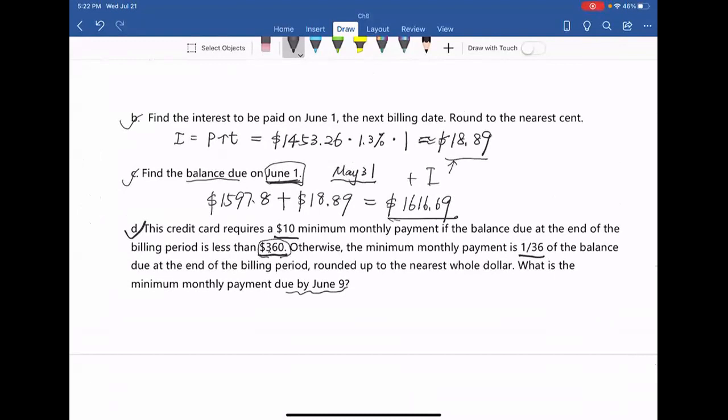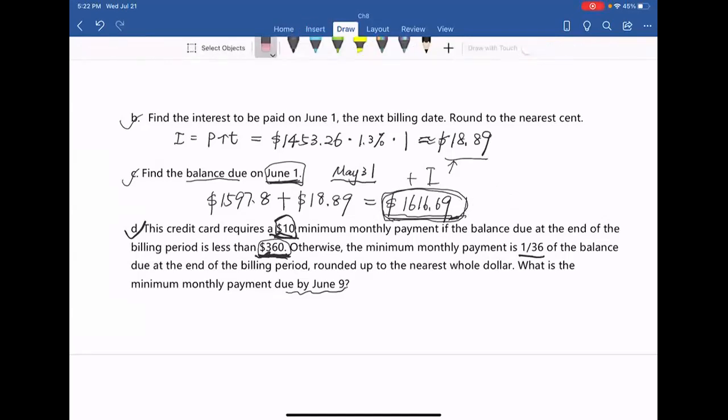If the balance due we have found is greater than 360, the minimum monthly payment equals this amount times 1/36. If this amount is less than 360, for example $200, we need to pay the $10 minimum monthly payment.